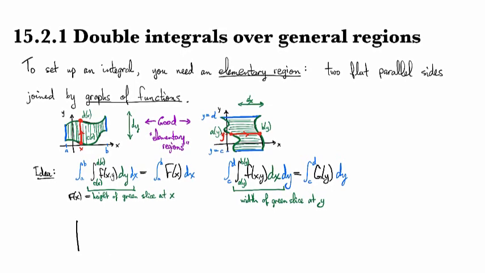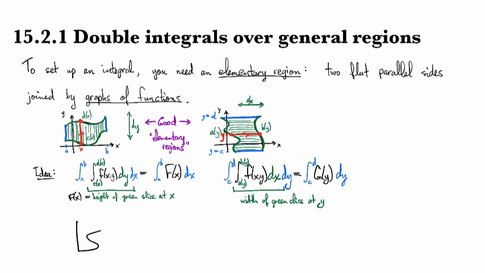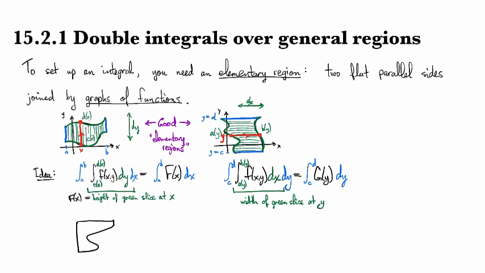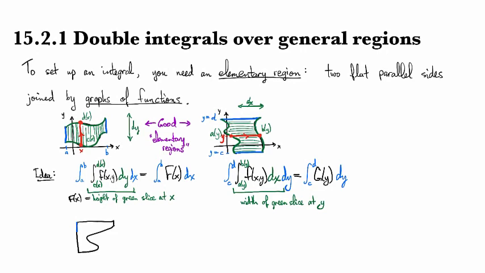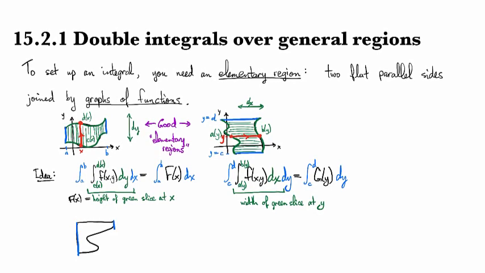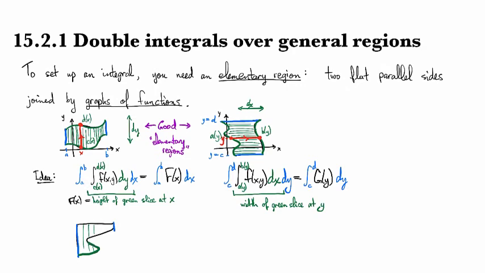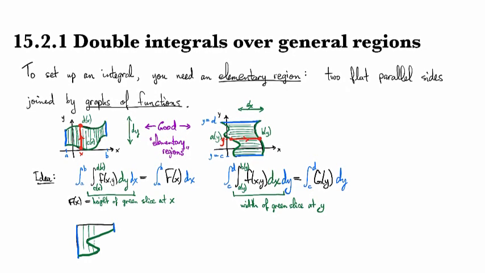So for instance, suppose we had something that looked like this. Okay, so here I've got my flat parallel sides, but I cannot think of this as a bunch of slices because this is not a function of x down here on the bottom. It breaks the vertical line test, right?